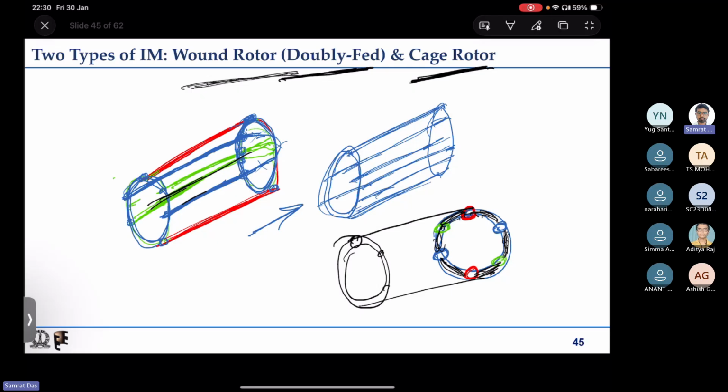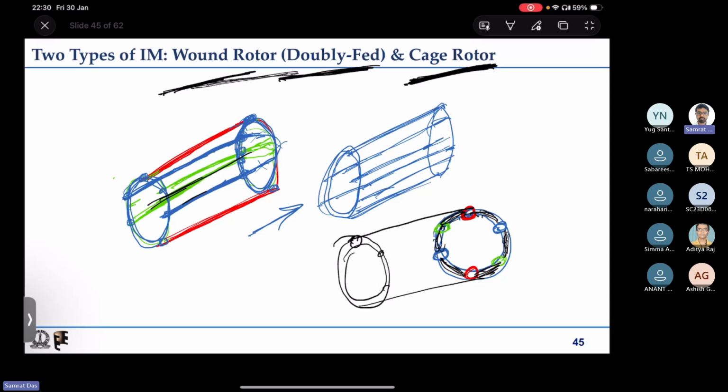Automatically some induction will take place, and a rotating magnetic field of the rotor will get generated. That is our squirrel cage induction motor, that is, with a cage rotor. And the other is the wound rotor, where there is some winding and we can give physical excitation to it. That is the doubly fed induction machine.